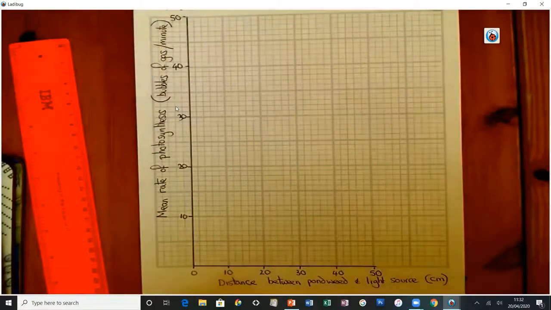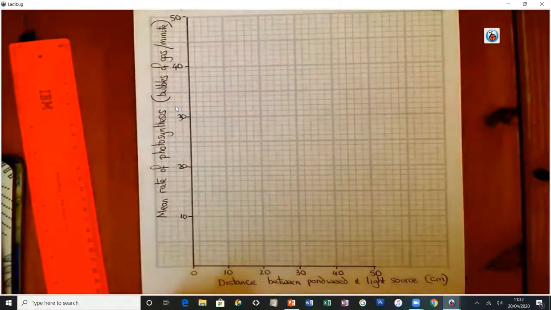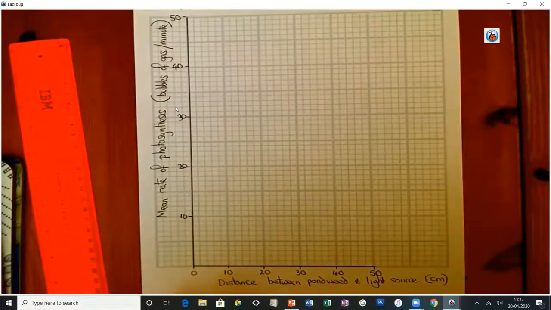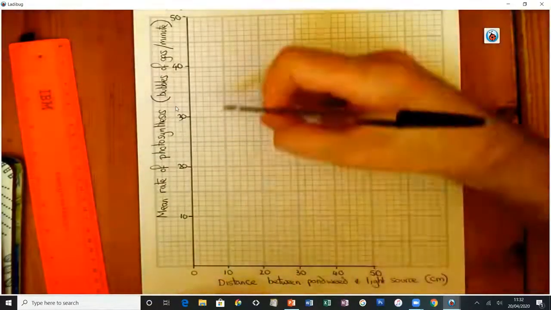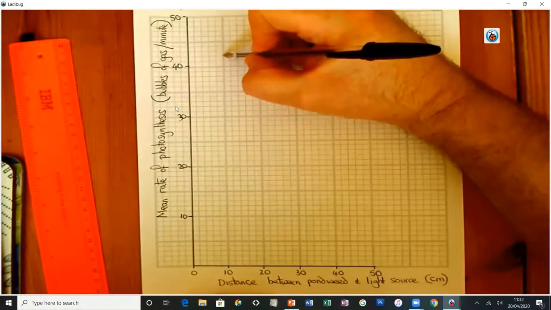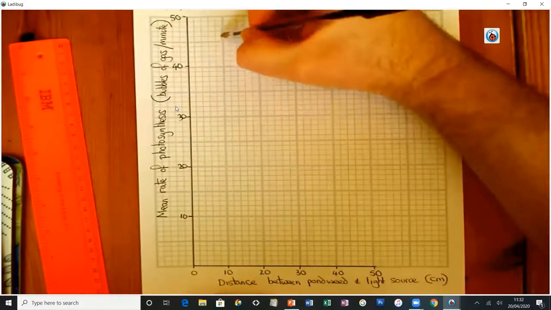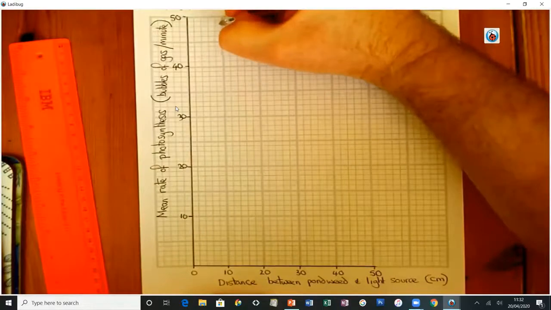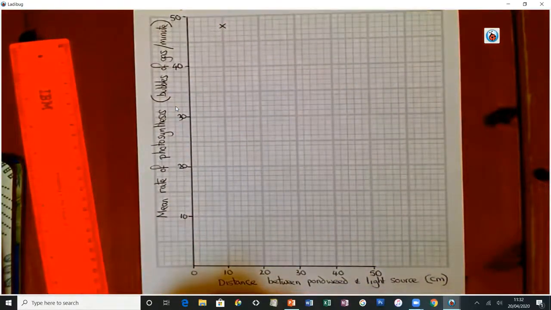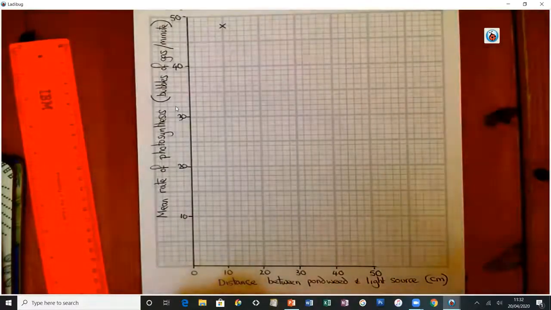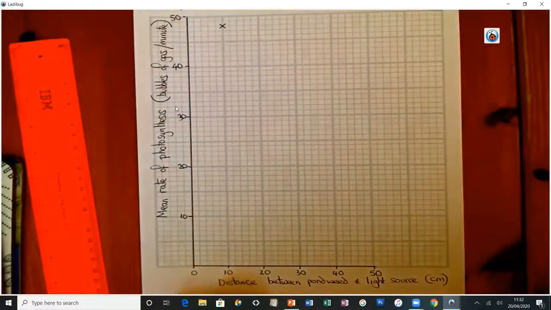Now we need to plot the results. So if we look at 10 centimeters, we have 48 bubbles. So 10 centimeters, 40, 1, 2, 3, 4, 5, 6, 7, 8. So we have 48 bubbles being counted in a minute when the lamp is 10 centimeters away from the pondweed.